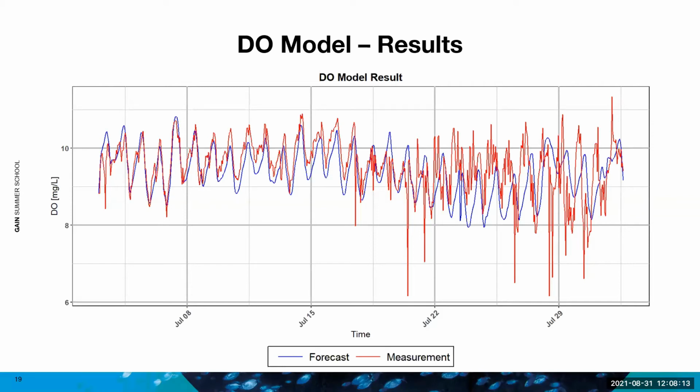On the second half of the month, there is a higher variability in the observed dissolved oxygen concentration, and the model is less efficient in predicting the oxygen concentration. It's not so bad, I would tend to say, but clearly it has more difficulties reproducing the real measurements.